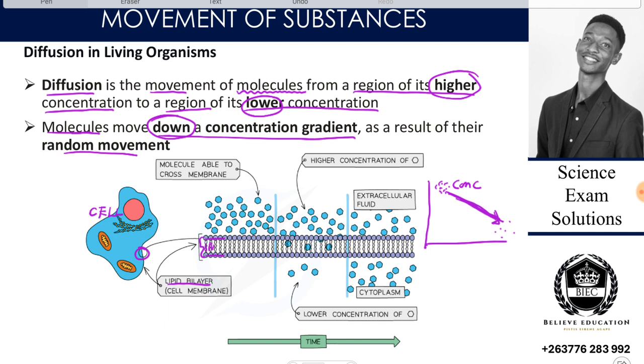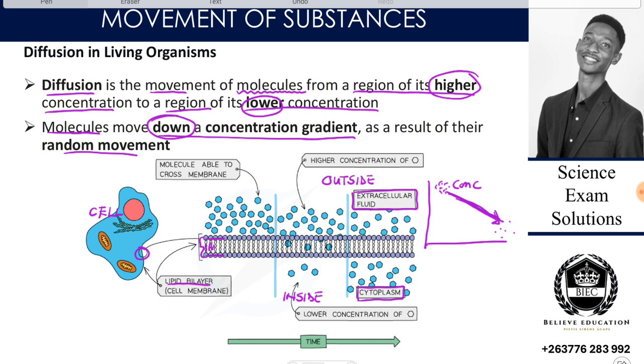Now with the bilayer like this, at the top there is extracellular fluid. Extracellular fluid means outside the cell. Then at the bottom there is cytoplasm, which is inside the cell.